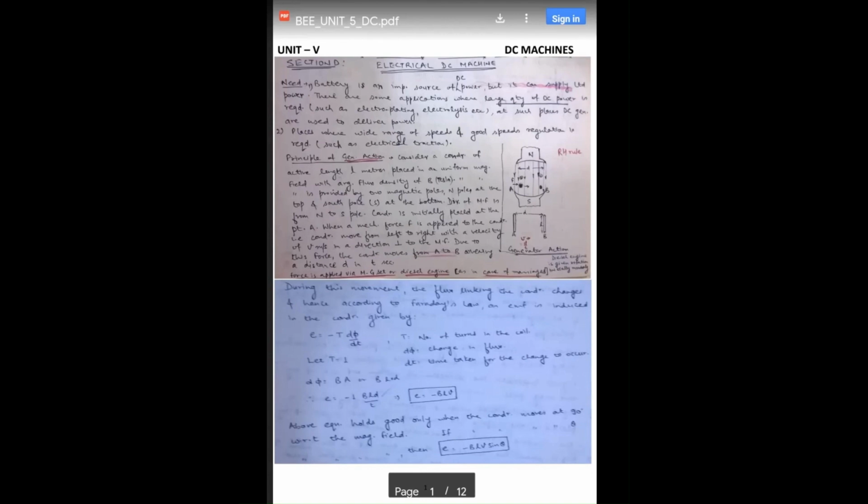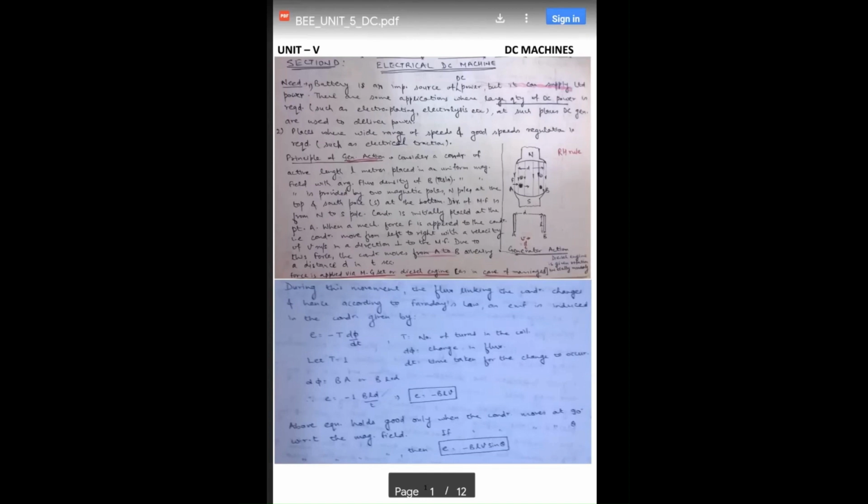So we have seen that although we get the DC supply from the batteries, these batteries can be used in inverters, UPS, mobile batteries, etc. But the main problem of these batteries is that it is less in magnitude.